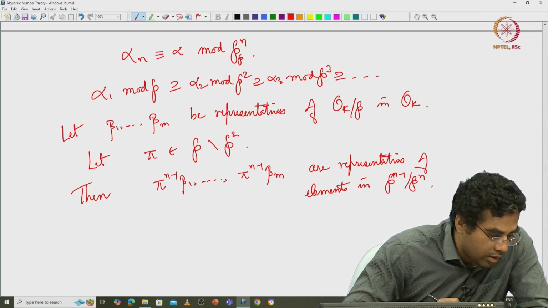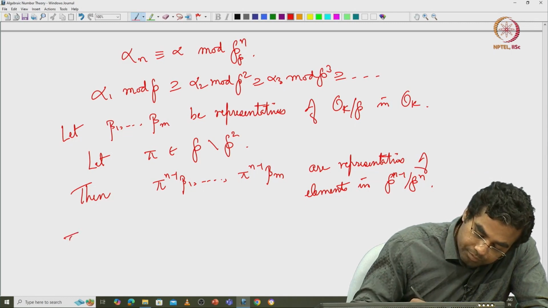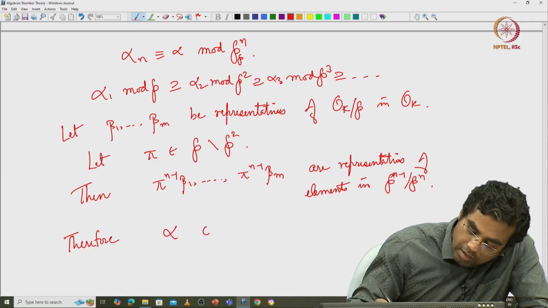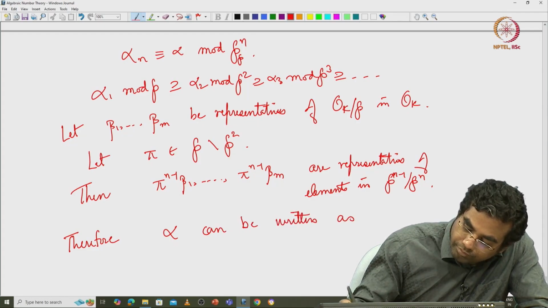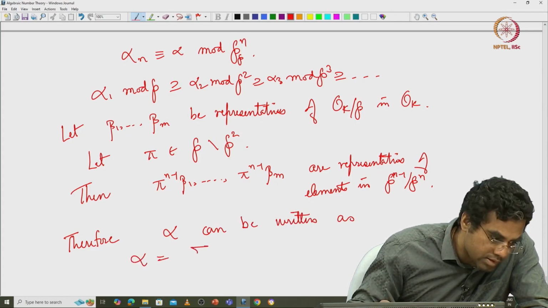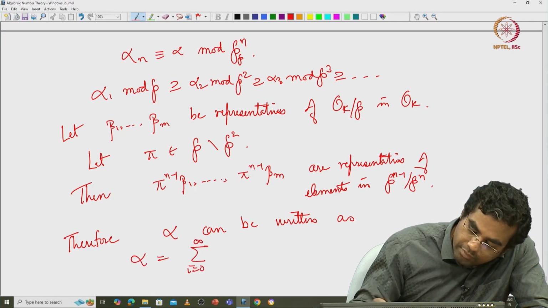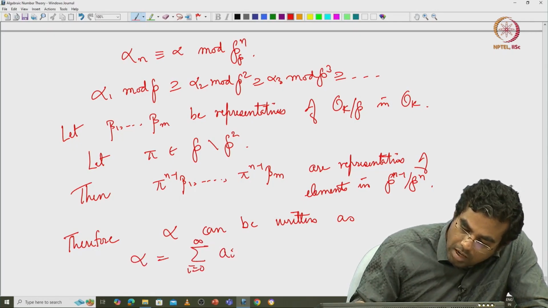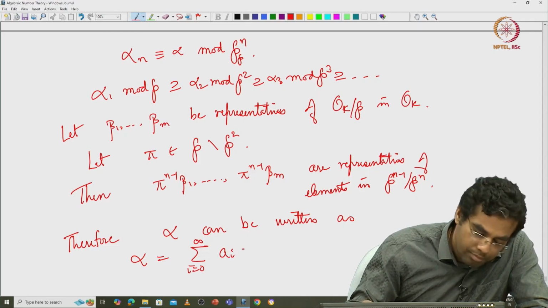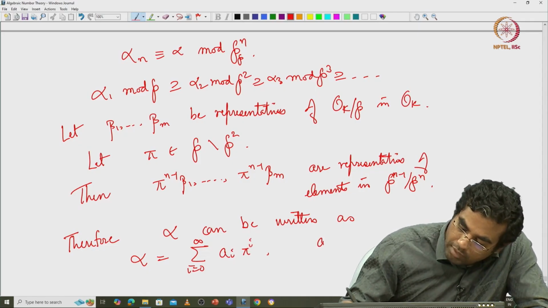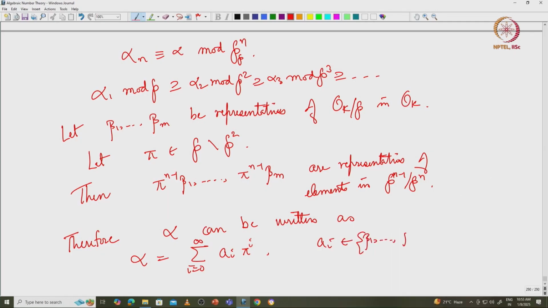All right. So, therefore, alpha can be written as alpha is summation i going from 0 to infinity a i pi to the i, where a i is in this set beta 1 up to beta m.